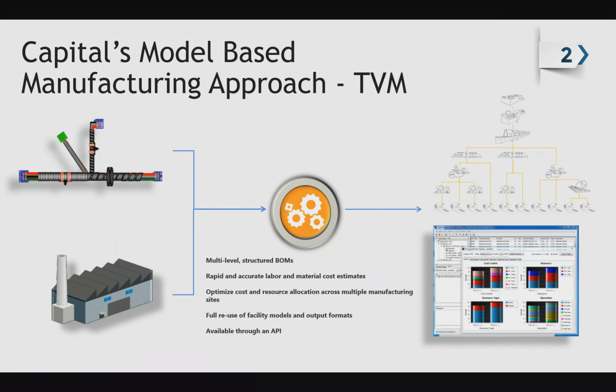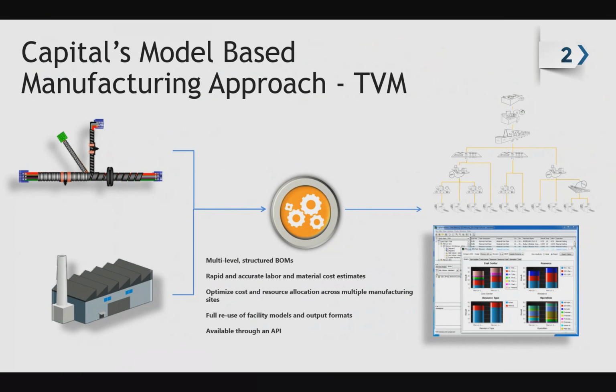It allows you to take the same harness and run it through different processes to see the difference you get out of these manufacturing processes, which could represent different manufacturing facilities. If that's the case, then TVM allows you to optimize cost and resource allocations across multiple manufacturing sites.